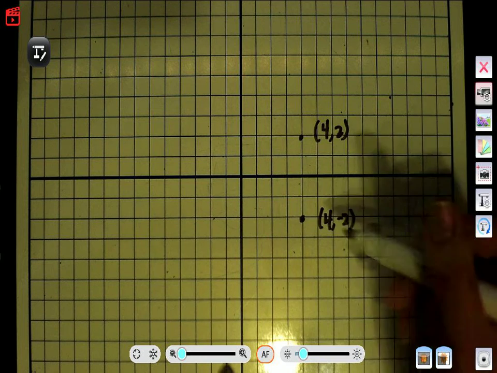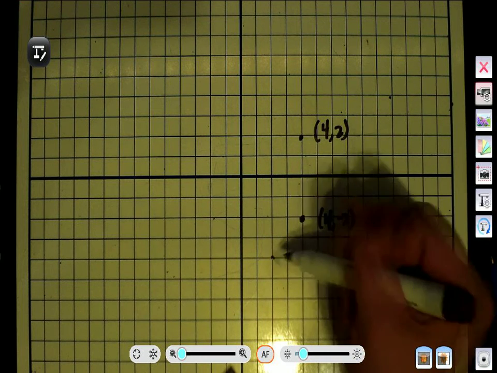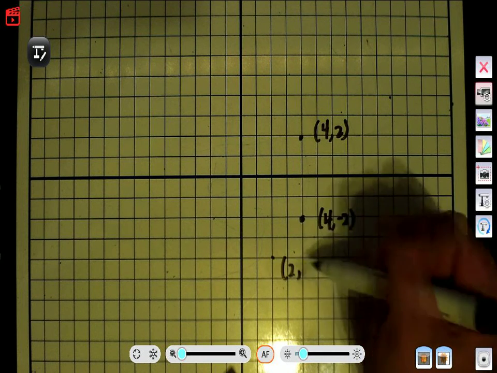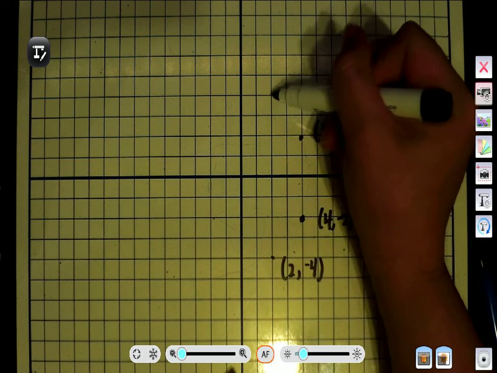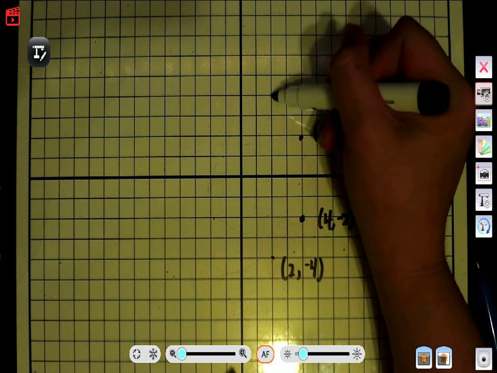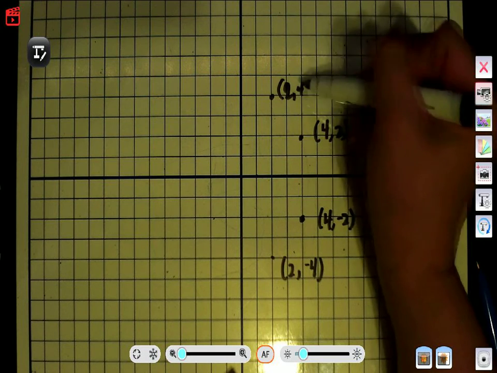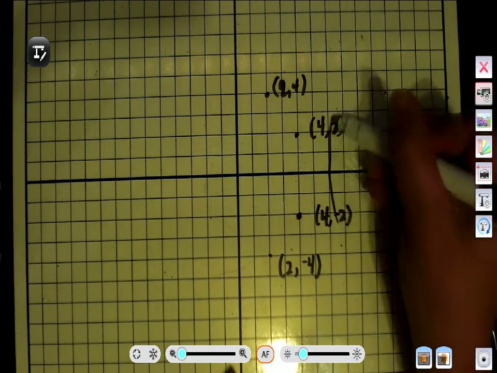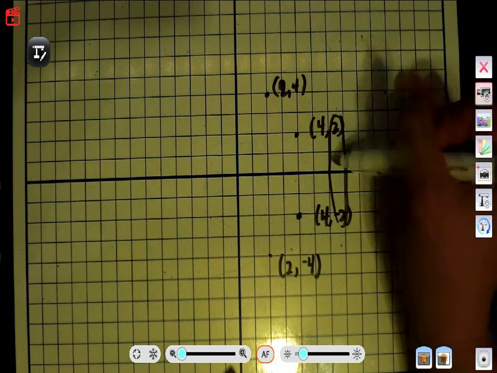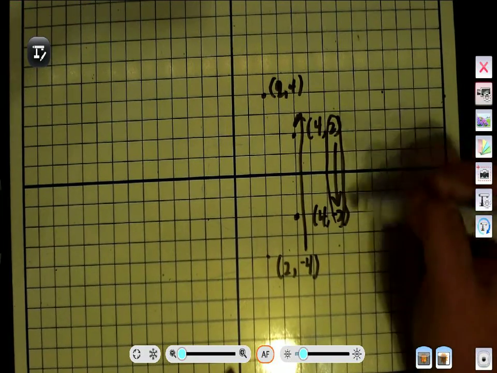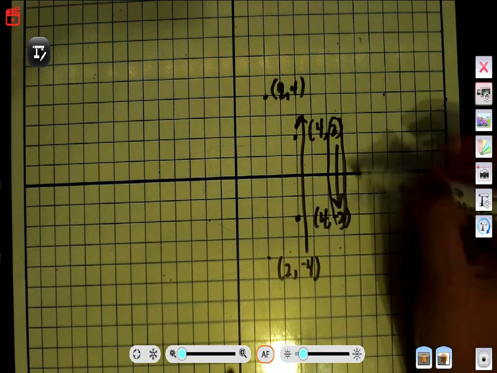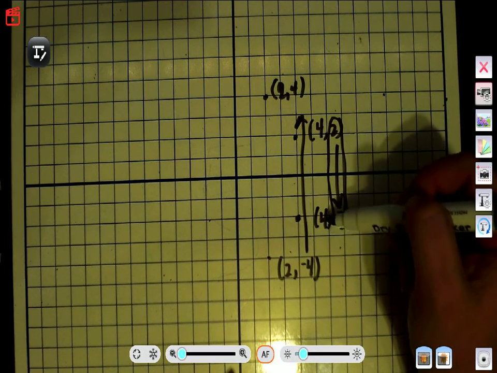On the other hand, if I had something like 2 comma negative 4 to begin with, then this is going to flip up to become 2 comma 4. So if you compare these, the y value changes the sign, but the x value stays exactly what it is.